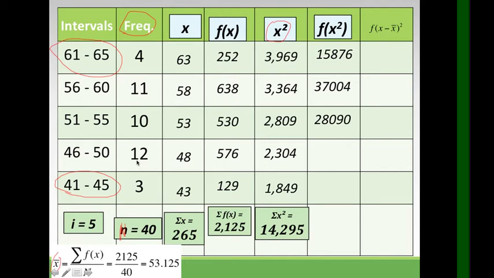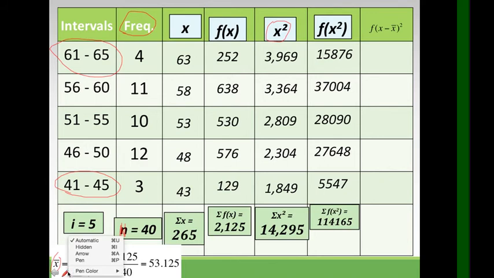Then, 12 times 2,304, 27,648. And 3 times 1,849 is 5,547. Again, ito total ko yan. And the answer is summation of f of x squared equals 114,165. Yun ang total niya. Okay, na kung saan mamaya magagamit din natin yan.